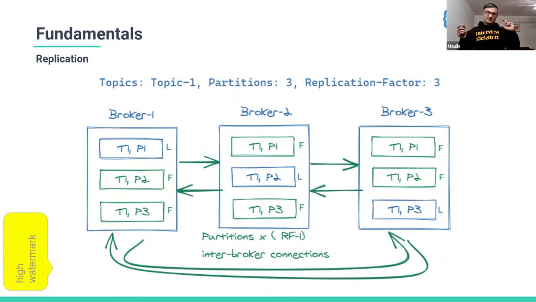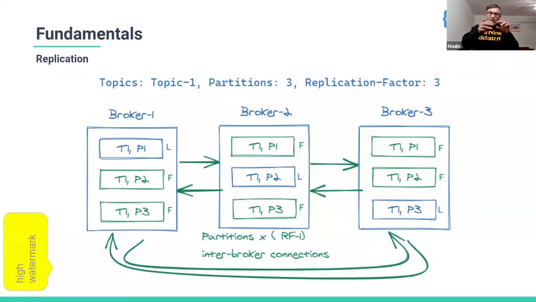And the Kafka client library in your applications automatically detects this change of metadata, that now broker 2 is the leader instead of broker 1 for T1 P1. And from that point on, all the communication happens like that for sending data or consuming. So transparently, the partition failed over to another broker without impacting your application.